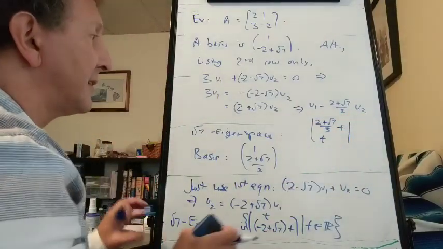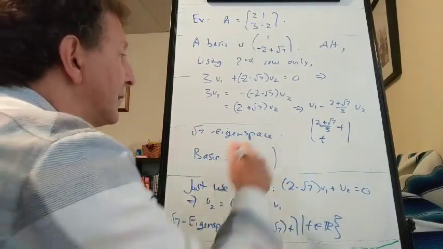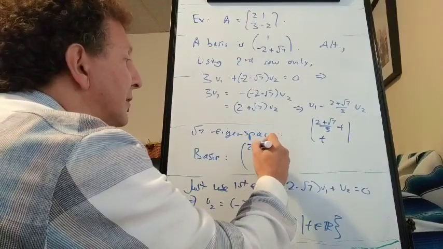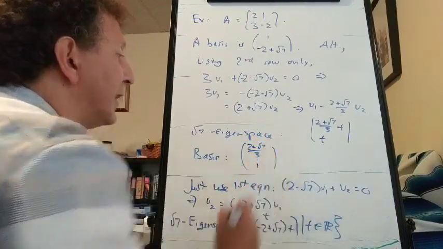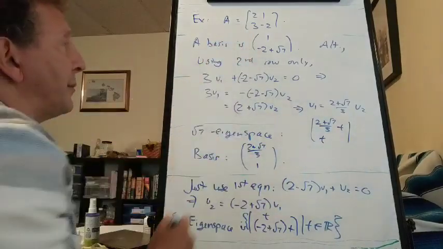So in the basis, I've got this backwards: 2 plus root 7 over 3 and 1. All right, now that looks a lot different than the basis before.